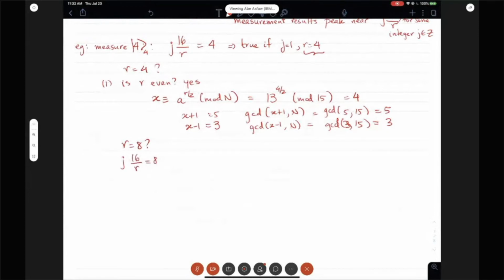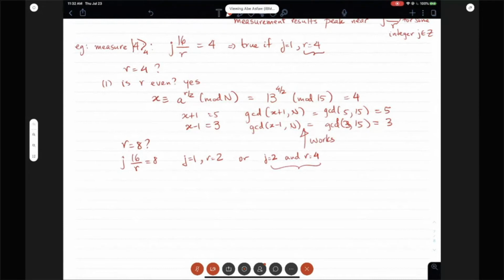Either j equals 1 and r equals 2, or j equals 2 and r equals 4. Notice that if r equals 4, we're back to the case above, so this works. We already get the answer from there.